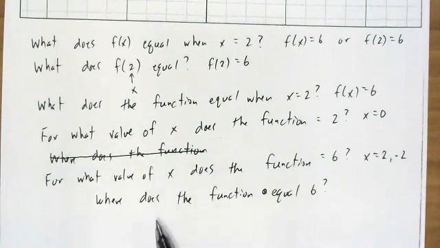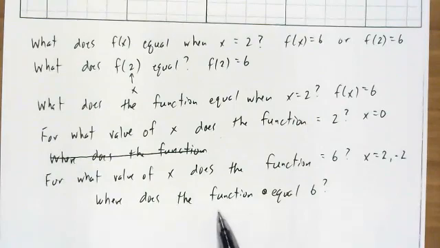So this is where, in the world of math, you have to sort of understand what they're really asking. They don't explicitly ask the value of x. They just say, where does the function equal 6? But what this means is there's really no other answer. What they're really looking for are the values of x where the function equals 6.